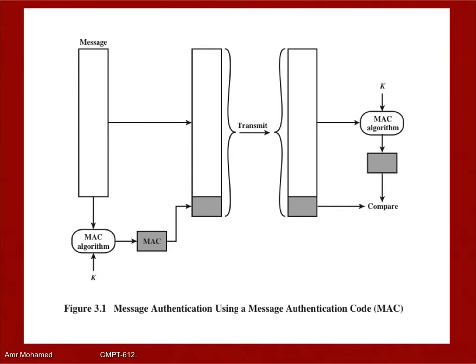So we can easily identify that that's not a legitimate user because he does not have the key that we expect, because the key is shared on both sides. So this Hmac serves two purposes. One, it preserves message integrity, which means it protects the message from being altered. And two, it authenticates the sender by somehow embedding the key into this Hmac.